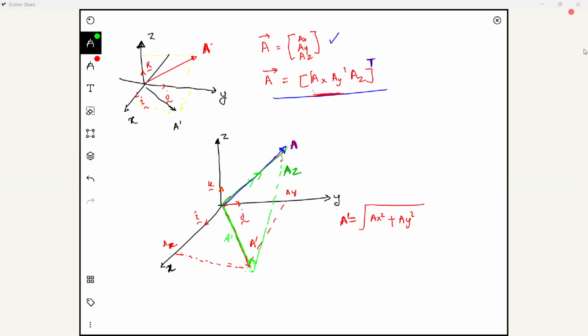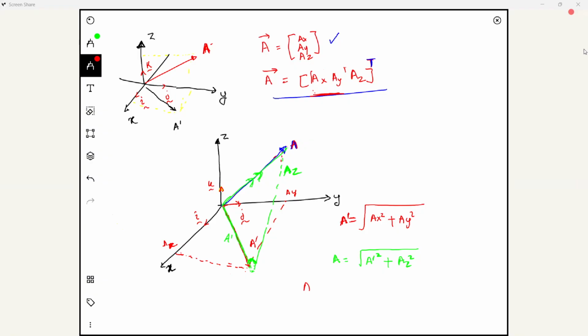So we can find the magnitude as A equals the square root of A dash squared plus, similar to what we did, because this is a right angle triangle, az squared. Alright, so once we have those two settled, we can go on and substitute the rest of the equation.